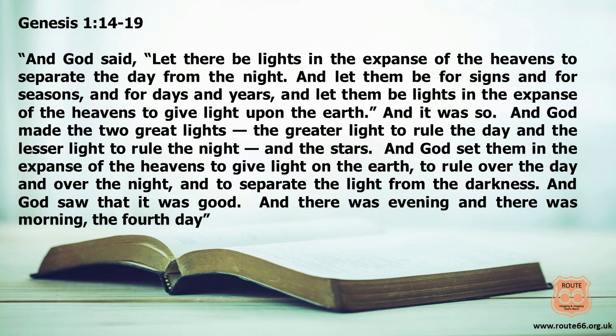And God set them in the expanse of the heavens to give light on the earth, to rule over the day and over the night, and to separate the light from the darkness. And God saw that it was good. And there was evening, and there was morning, the fourth day.